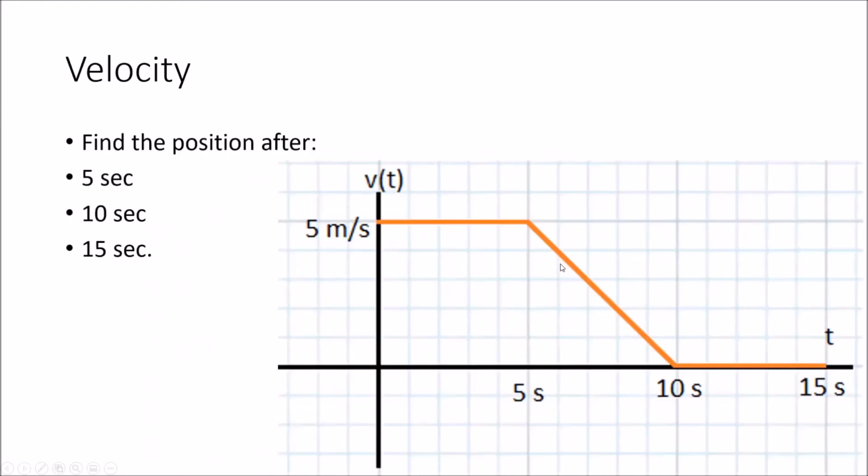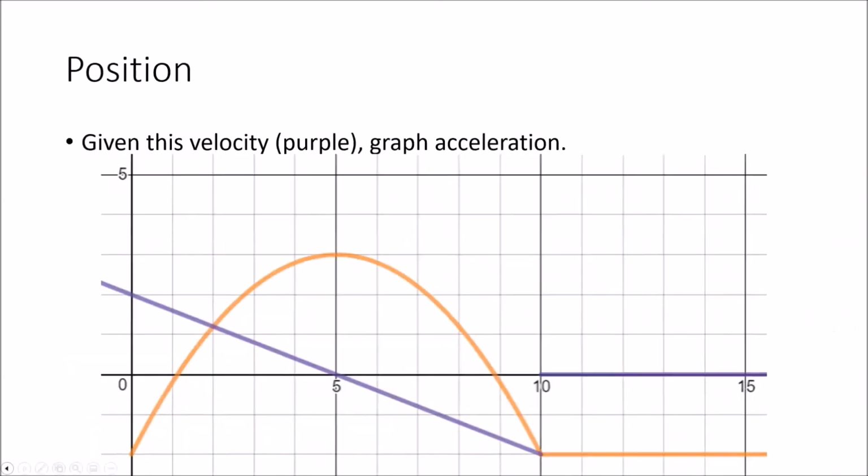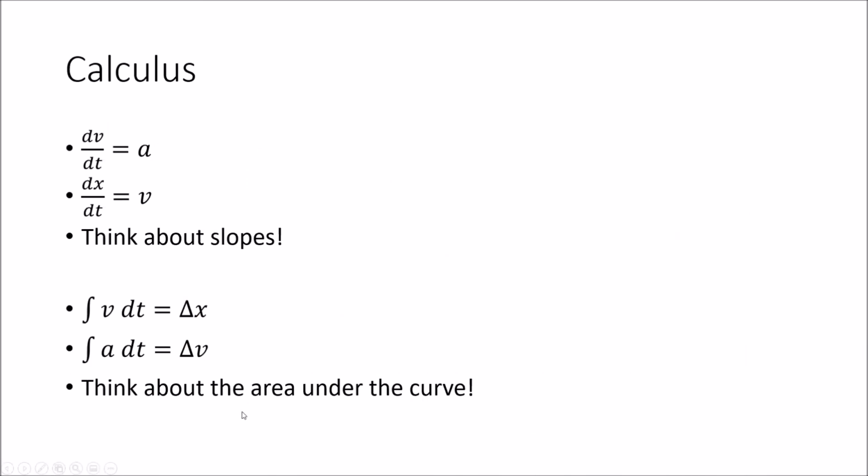We can find the position after 5 seconds, after 10 seconds, and after 15 seconds looking at this graph. Remember, on a previous slide, I said that the change in position of an object is equal to the integral of the velocity with respect to time.